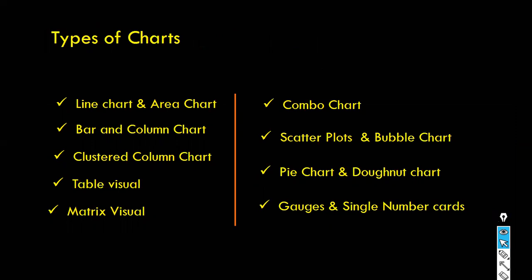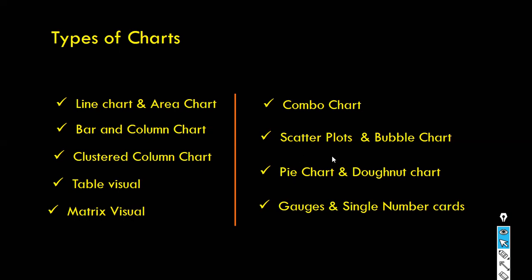The commonly used charts are line chart and area chart. On the left side, if you see, these are the charts we will be using more frequently. And combo chart.